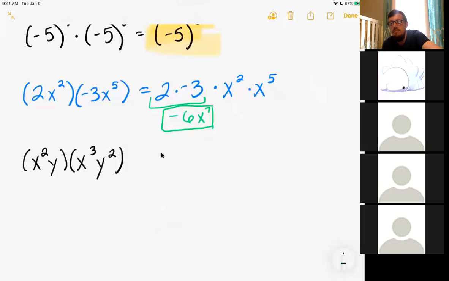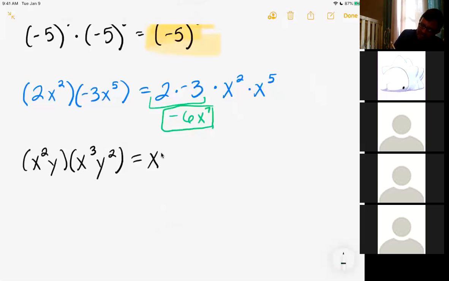X's and then for your Y's. X to the what? The X goes to what power? The 5th?